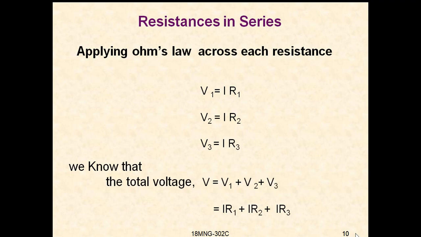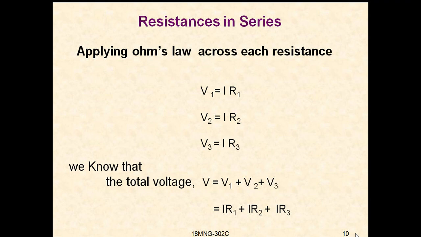We know that the total voltage across the resistances R1, R2 and R3 is V is equal to V1 plus V2 plus V3.